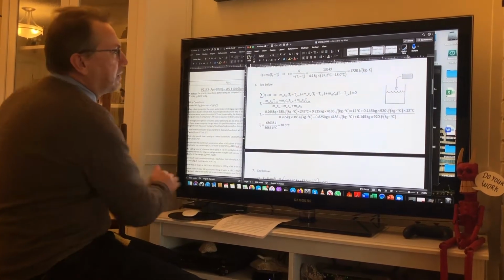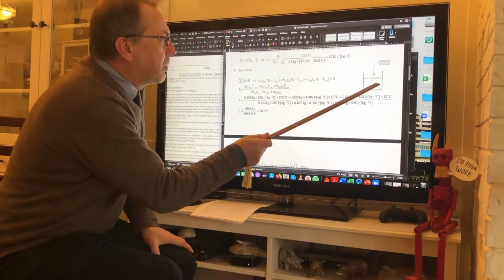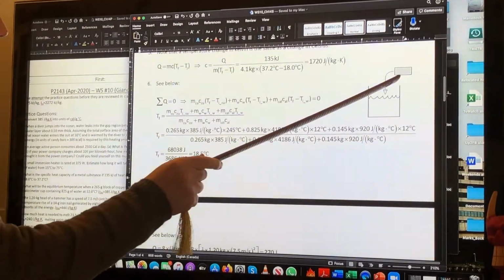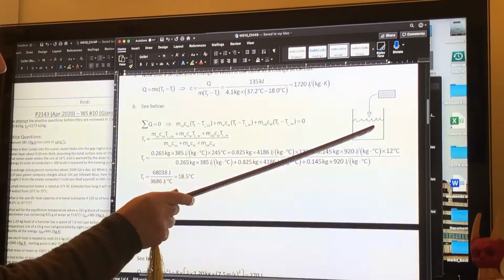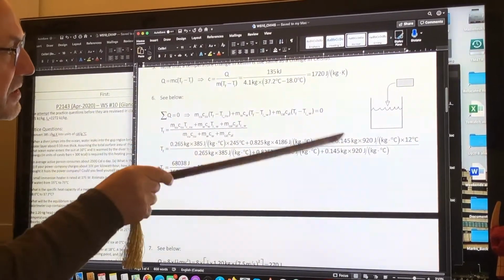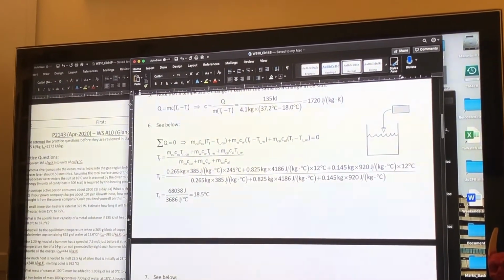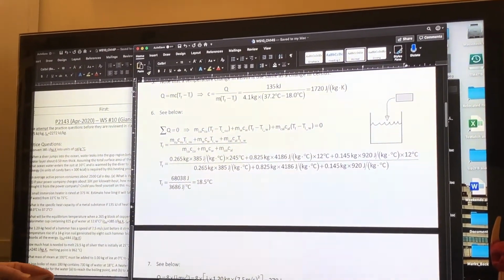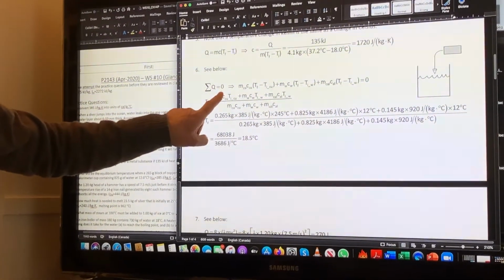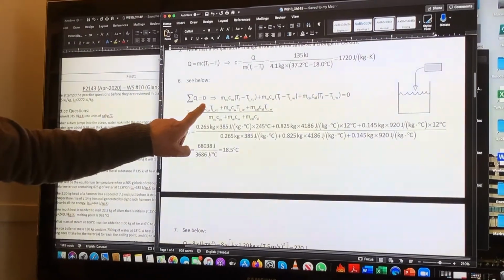Okay, so here's my chunk of copper being put in some water in this cup here. This is hot. This loses heat. The water gains heat. The container gains heat. But because this is an isolated system, overall, all of these heat exchanges add up to 0. Okay, so I can say that the sum of the heat exchanges is equal to 0, and then we start writing them down.